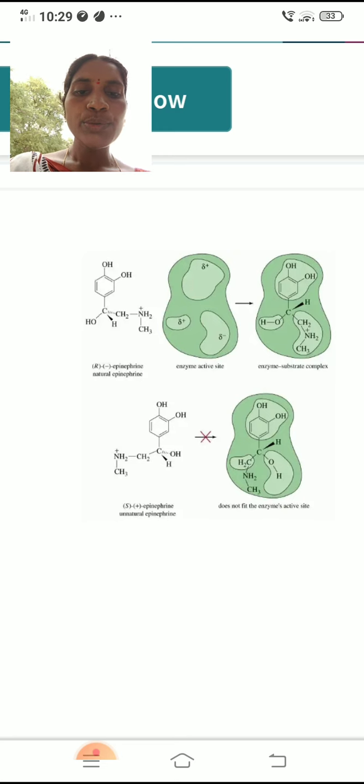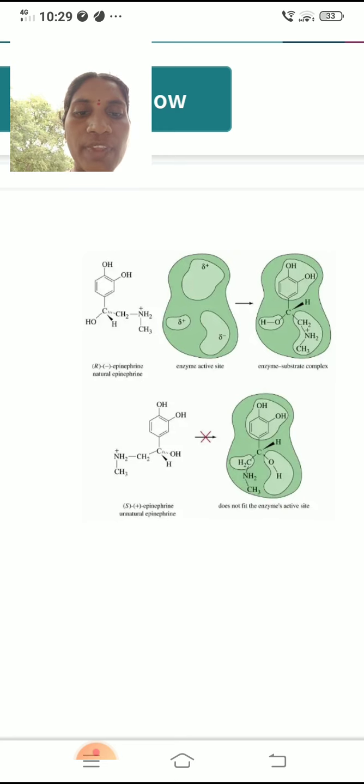Whereas the S enantiomer does not have the enzyme active site, so it cannot fit into the substrate, and it does not form an enzyme substrate complex.